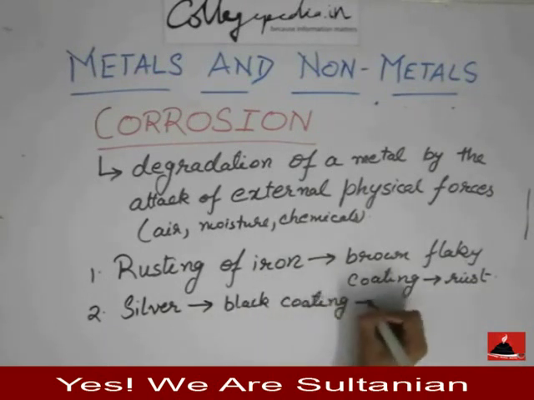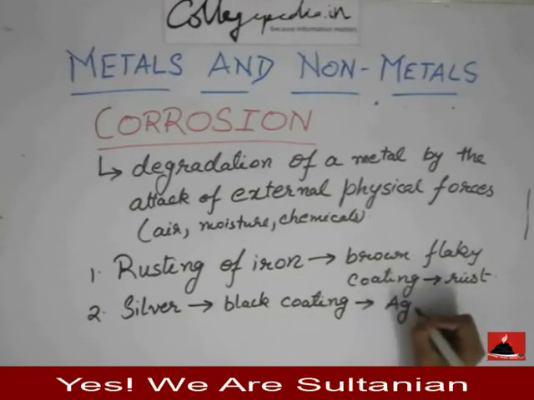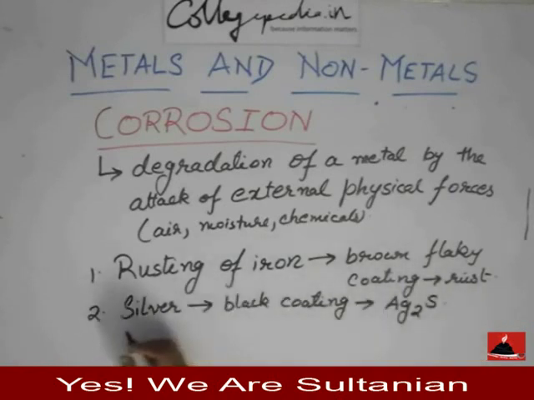And this is because of sulfur present in the air, and the black coating is of silver sulfide. And this is basically because of the sulfur dioxide and all present in the air.